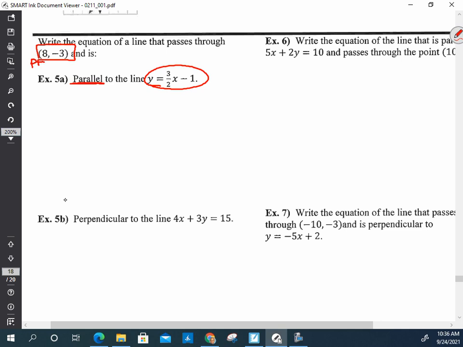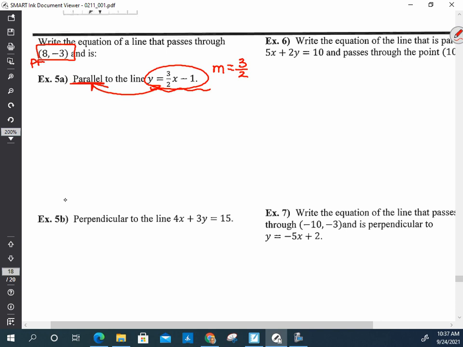We kick things off with y equals 3/2x minus 1. The equation that they give you, you need to first get the slope from it. This is already in slope-intercept form, so the slope is 3/2. Once you get the slope, now we use the parallel or perpendicular aspect.